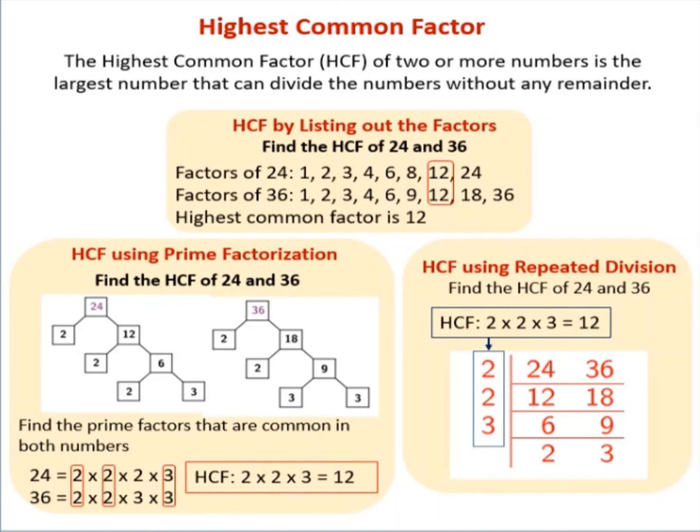After multiplying all common factors, we get the highest common factor, which here is 12. So you can see the factor tree also we have found to make the common factor. Firstly, we have listed the factors of 24, then factors of 36, then taken out common factors of both, multiplied them, and then we have found the highest common factor, that is 12.